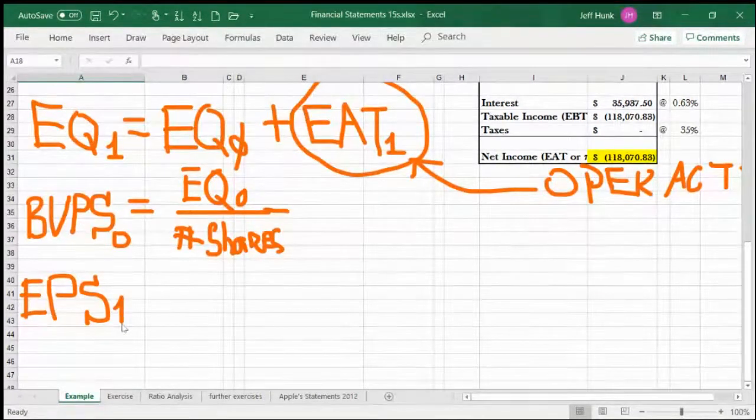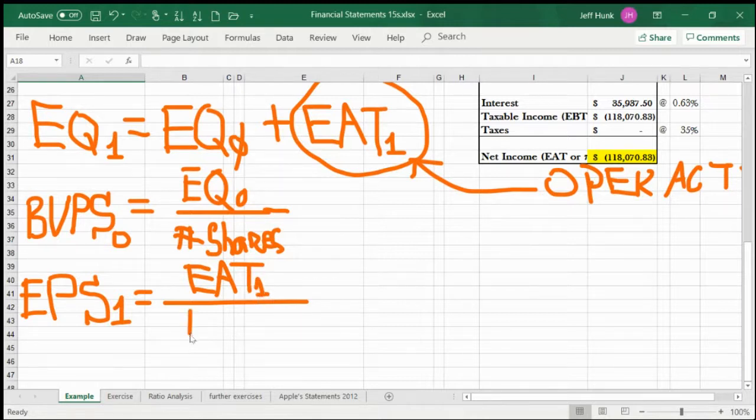So our earnings per share at time one is simply EAT at time one divided by the number of shares. Makes sense?